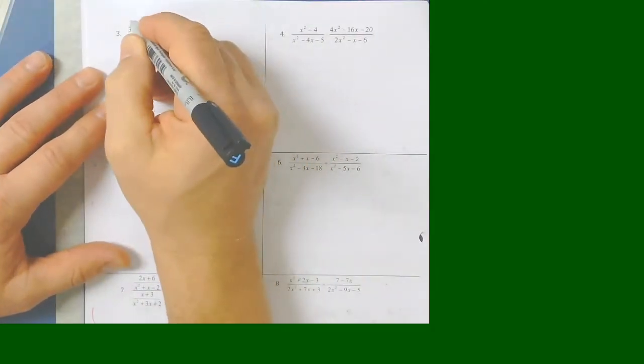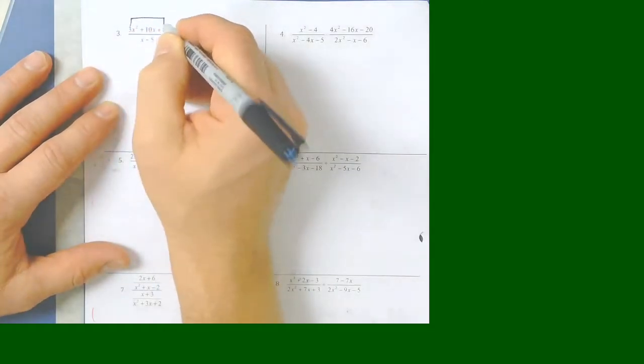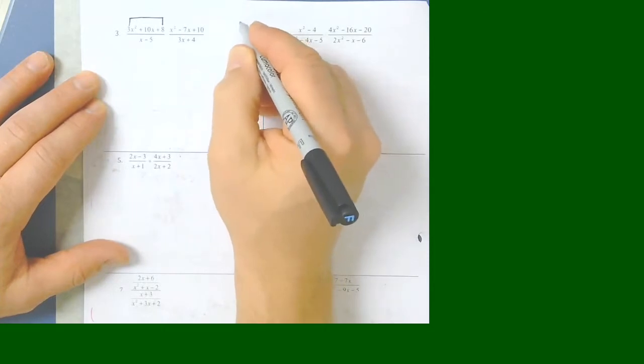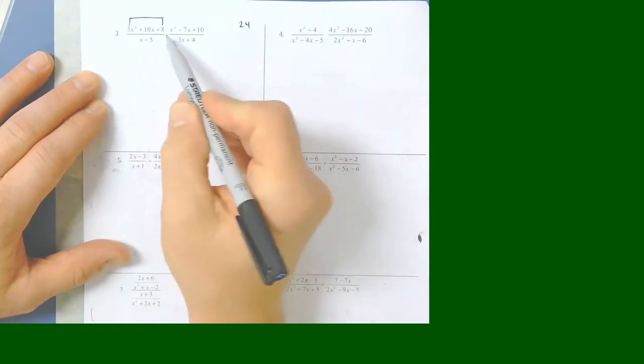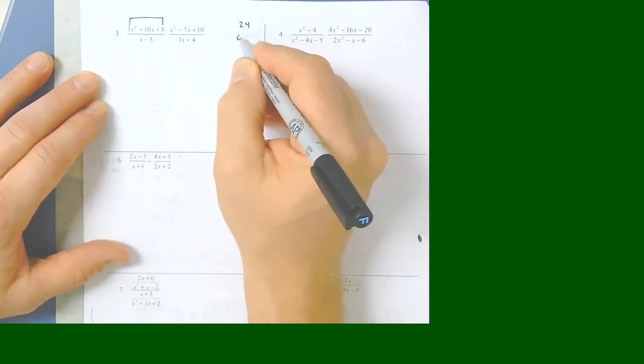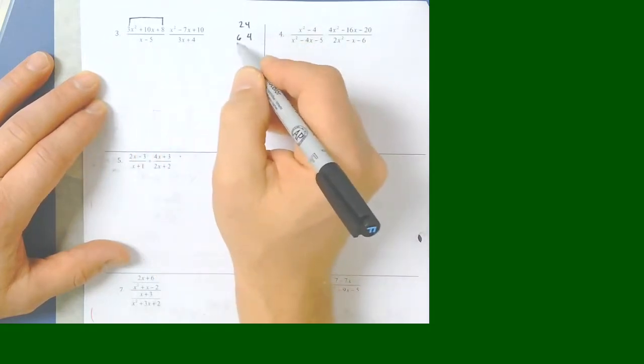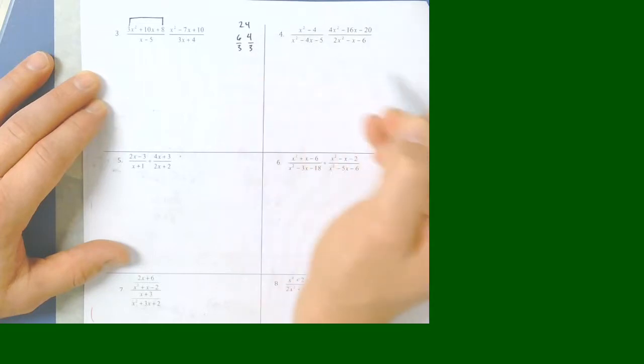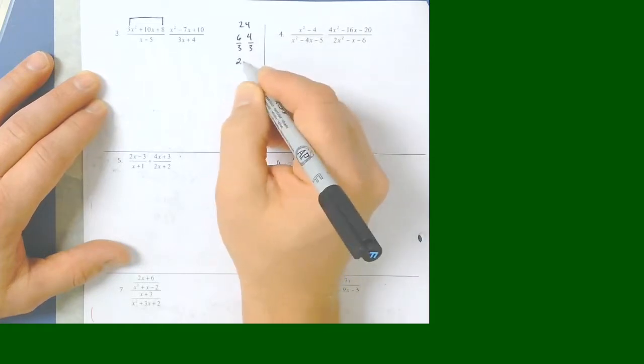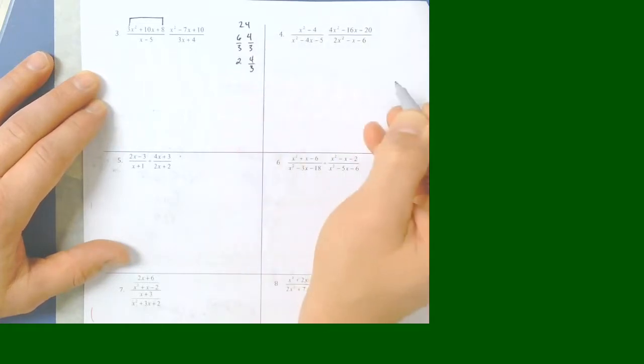If I want to go through it with this method, I'll go 3 times 8. What is 3 times 8? 24. What multiplies to 24 and adds to 10? 6 and 4. And then I'm going to divide by 3. I'll get 2. I'll get 4/3.